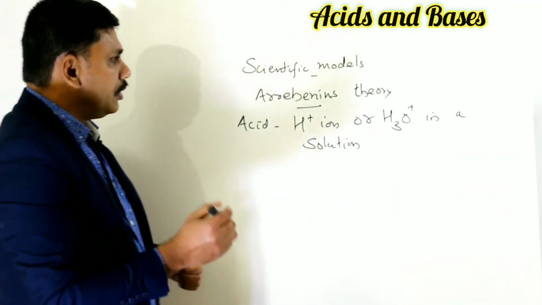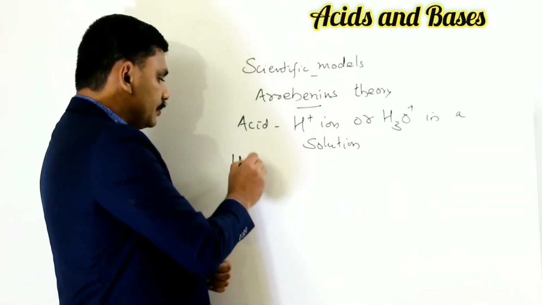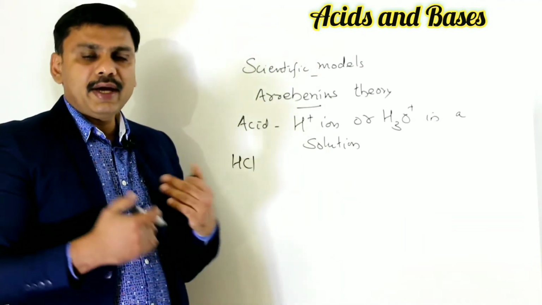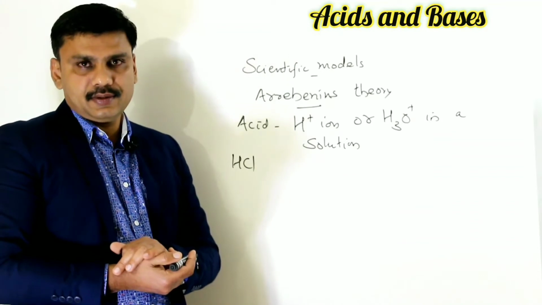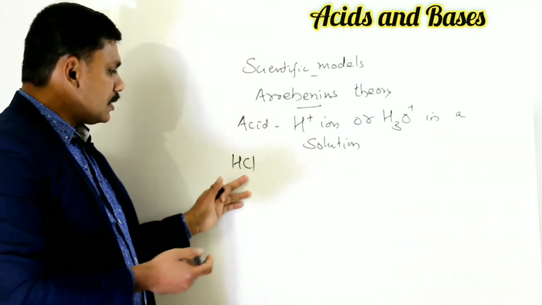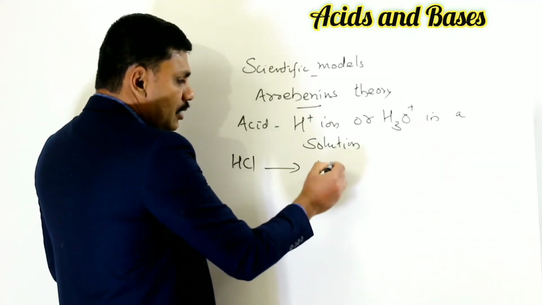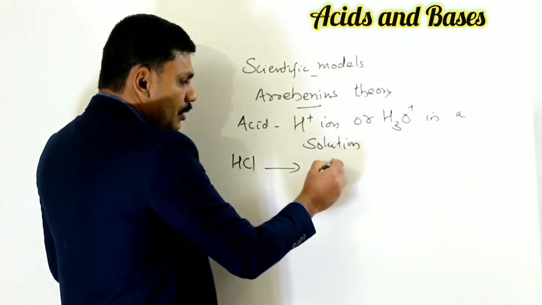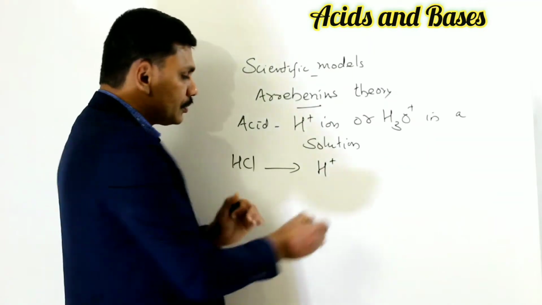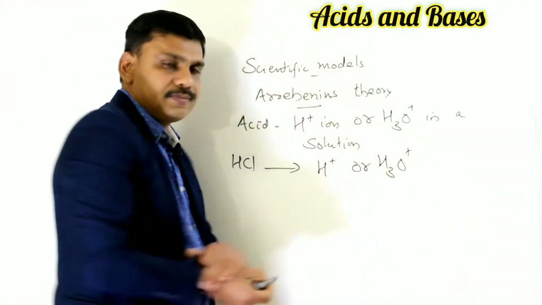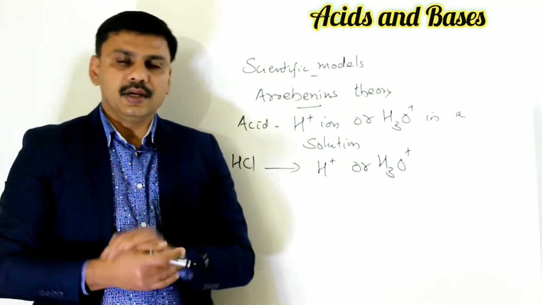For example, HCl is an acid. Why is HCl an acid? Because HCl can produce H plus ion or H3O plus ion in an aqueous solution.